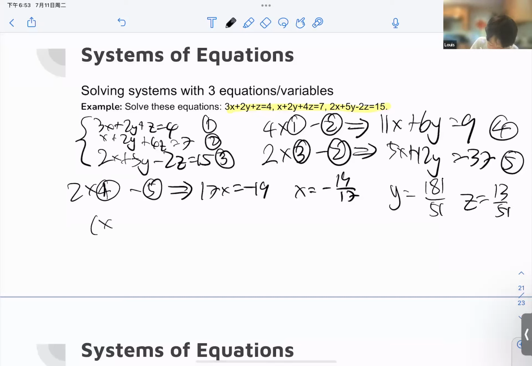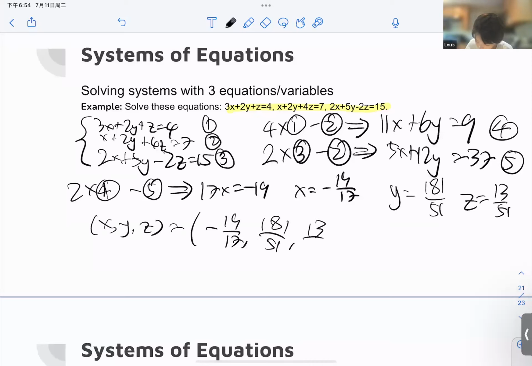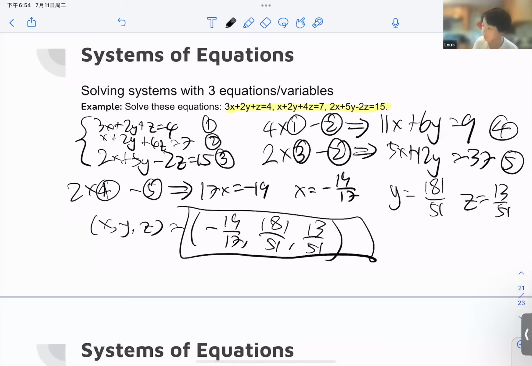So we have that x, y, z equals negative 19 over 17, 181 over 51, 13 over 51. So that's our answer. Any questions? No questions, and I'll move on.